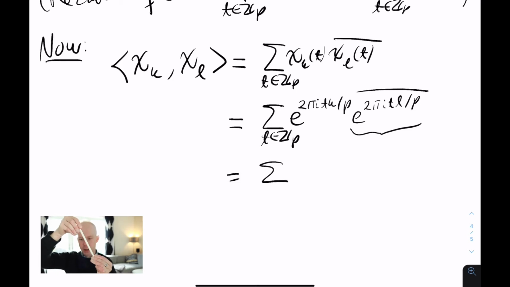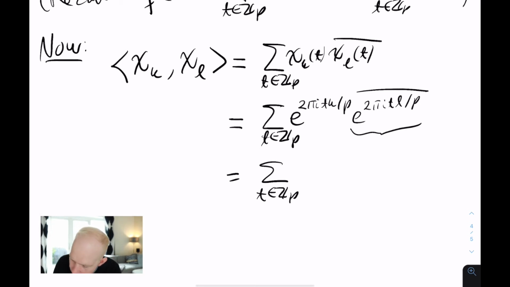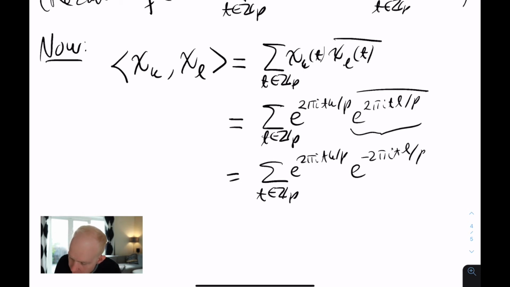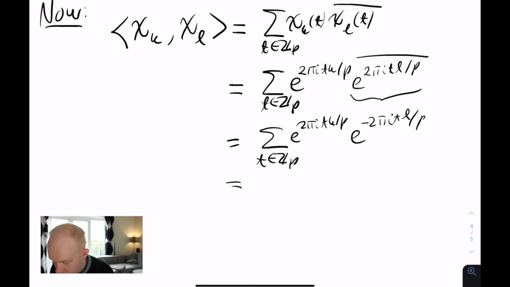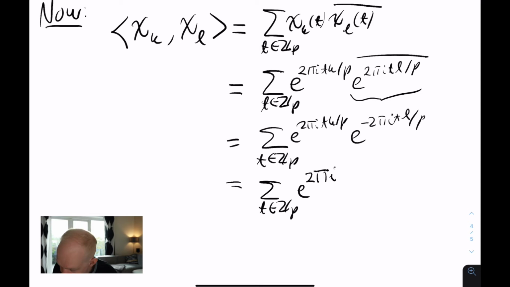So you have the sum over t in Z_p of e to the power 2 pi i t k over p times e to the power minus 2 pi i t L over p, and once you sum these together, you can take everything into the 2 pi i in front, with the t as well, and then k minus L over p.